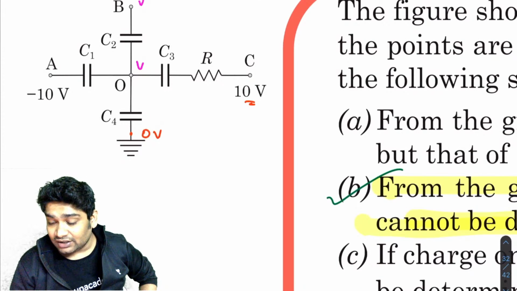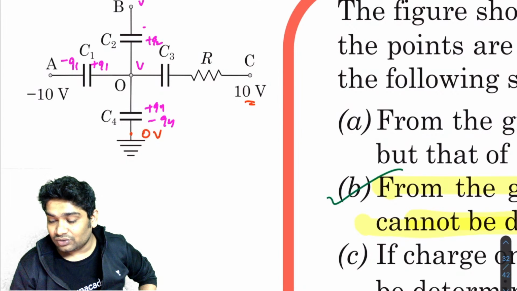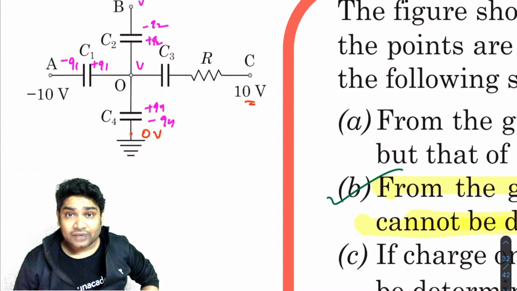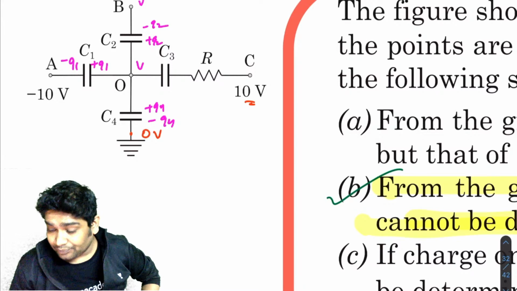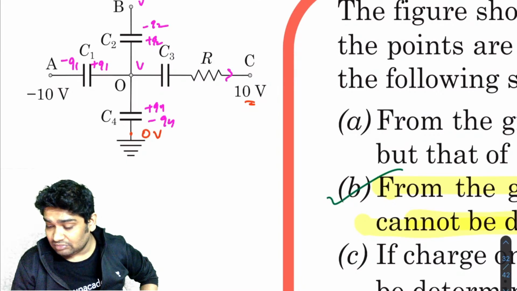I would have imagined the charge here as minus Q1, plus Q1. I would have imagined again minus Q4, plus Q4. I would have imagined here, let's say, plus Q2, minus Q2. Now if this charge was known, and I don't know the current through this, right?